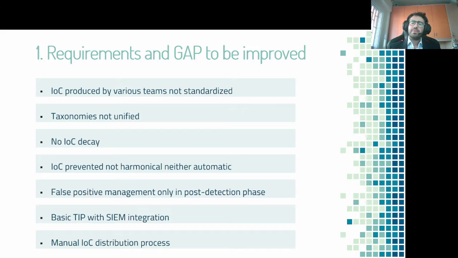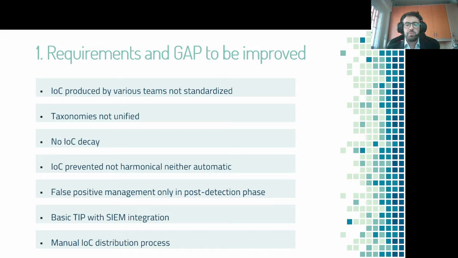The first step is to identify the requirements and the gaps. A non-standard management of the feeds by the various teams, sent via mail, chat, voice; a basic and not unified taxonomy. The concept of automated IOC decay is not present. IOCs managed in a not harmonious or automated way led to duplicates, with waste of time and computing resources.